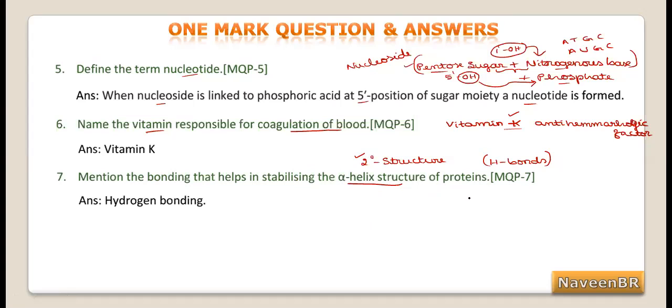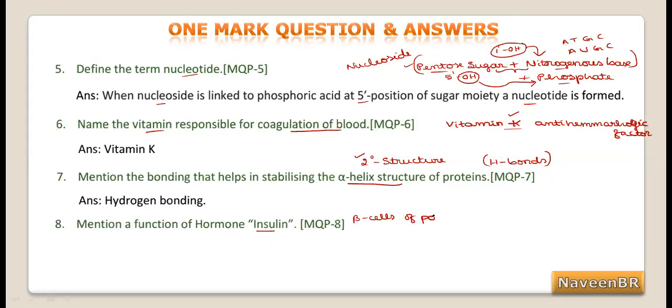Now we'll observe the question from the 8th PU model paper. Mention a function of hormone insulin. As we learned in the protein hormones, insulin contains 51 amino acids in 2 polypeptide chains, of 31 and 20 amino acids. It is produced from the beta cells of pancreas.